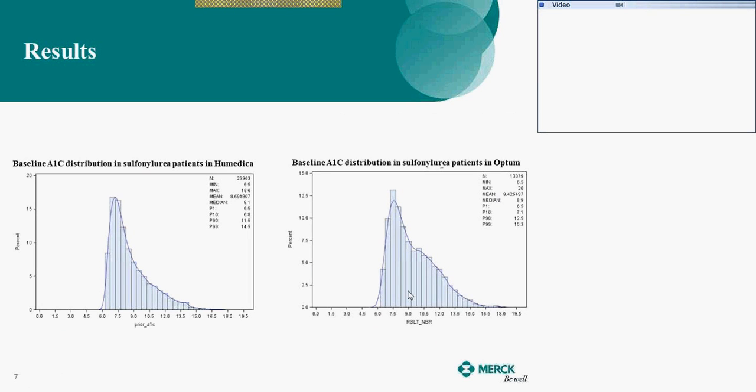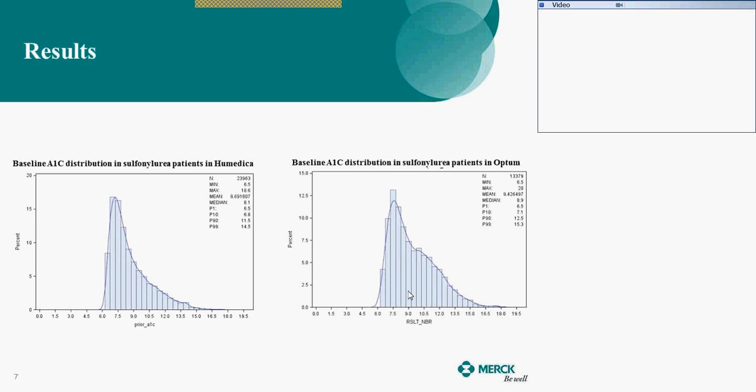Another thing we can see is the A1C distribution in patients in the two different databases. The figure on the left is for Humedica, and the figure on the right is for Optum. You see the mean and median A1C in Humedica is much smaller than the mean and median for Optum.